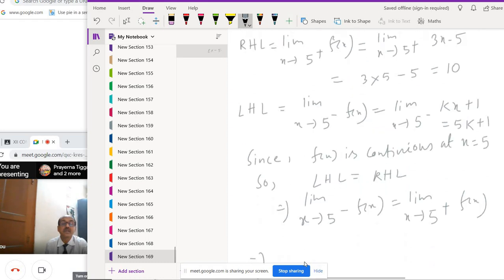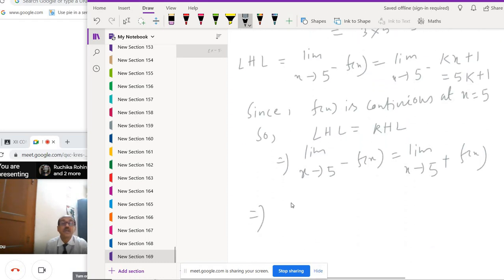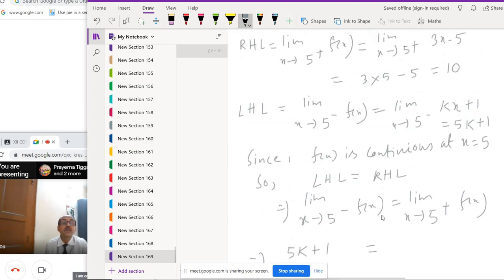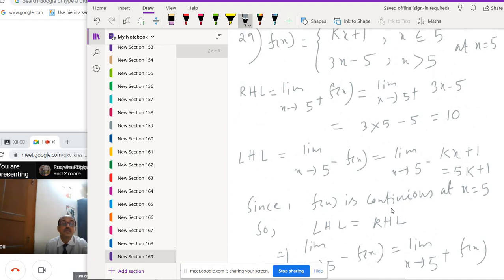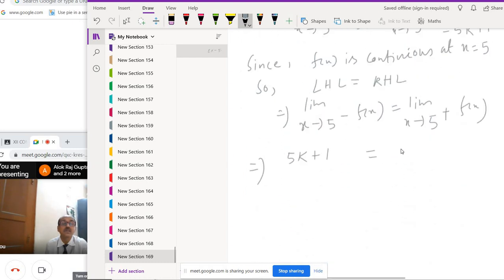So 5k plus 1 equals the right hand limit. The right hand limit value is 10. So 5k plus 1 equals 10.